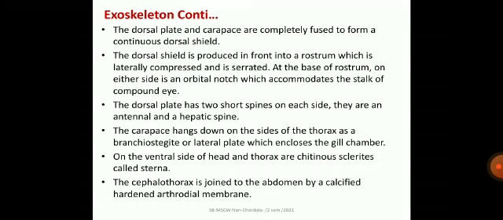So compound eyes are present, which are stalked and movable. The dorsal plate has two short spines on each side, an antennal and a hepatic spine.